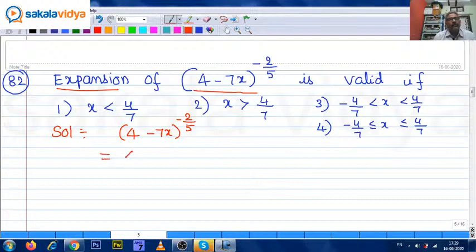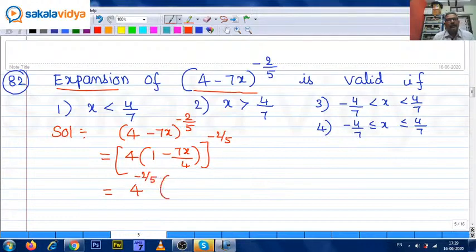If you take 4 common in the bracket itself, only 1 minus 7x upon 4, so raised to minus 2 by 5 you can write. So this equals 4 raised to minus 2 by 5 and (1 minus 7x upon 4) whole to the power of minus 2 by 5. So it is now in the form of (1 plus x) whole to the power of n.